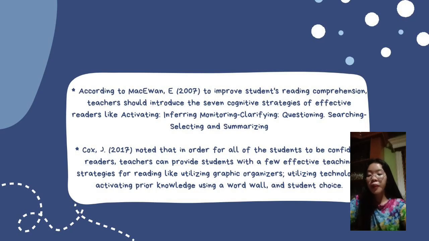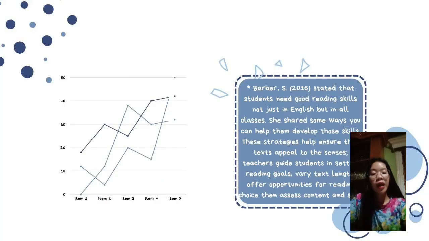The next is Barber S. in 2006. Barber stated that students need good reading skills not just in English but in all classes. She shared some ways you can help them develop those skills. These strategies help ensure that texts appeal to the senses.